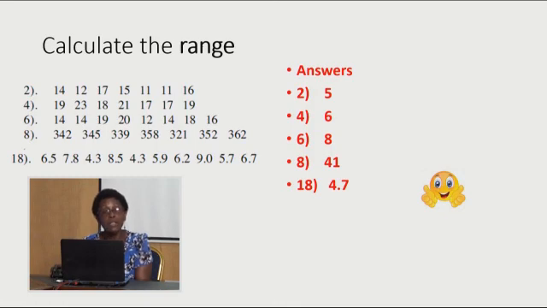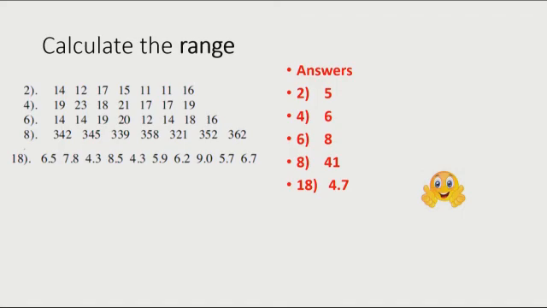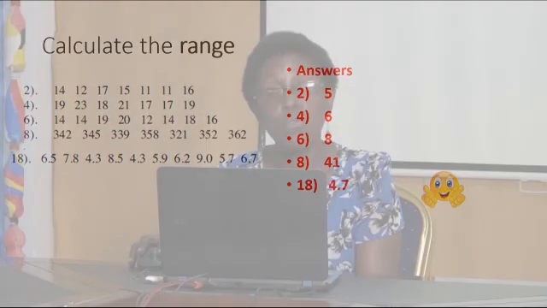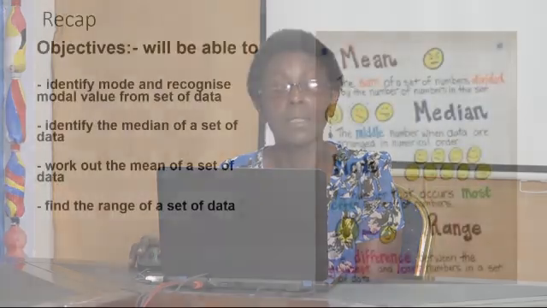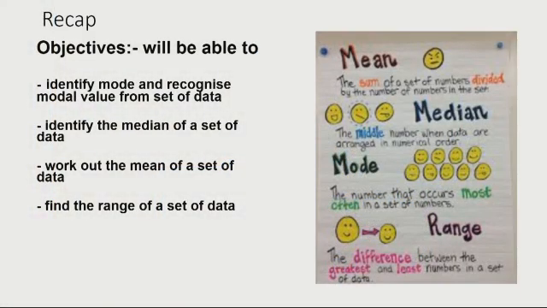Now, we're coming to the end of the lesson on averages and range. Before we do that, let's just go back and do a bit of a recap of what we've done in today's lesson. So, the objective is to identify and recognize the mode, the median, the mean, and then work out the range.